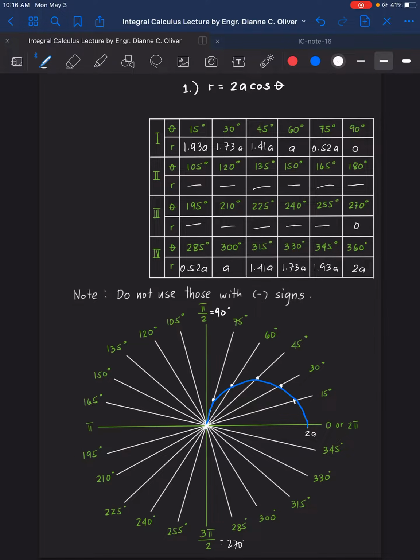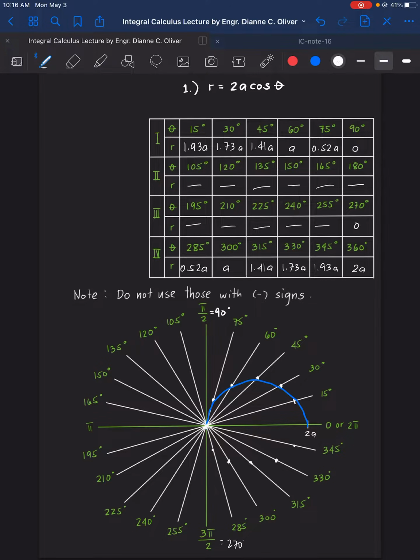Then at 285 degrees, it's 0.52. Then at 300, it's a. And then 315 is 1.41. Then 330, 1.73. Then you have 345 at 1.93.